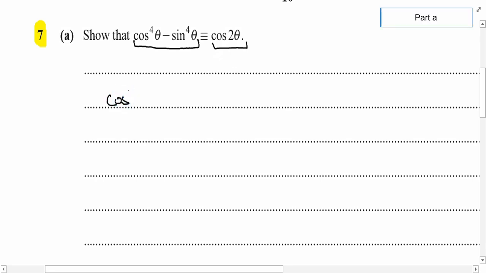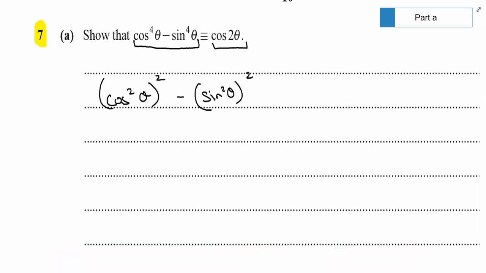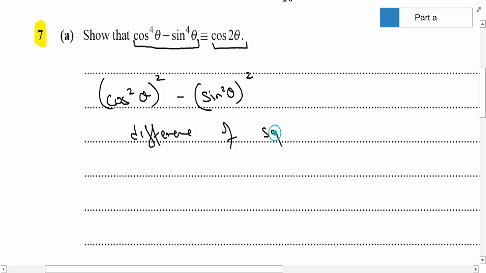So if we rewrite it, it could be written as cos square theta whole square minus sine square theta whole square. We are going to use the algebraic identity, which is the difference of squares. So a square minus b square equals a minus b into a plus b.